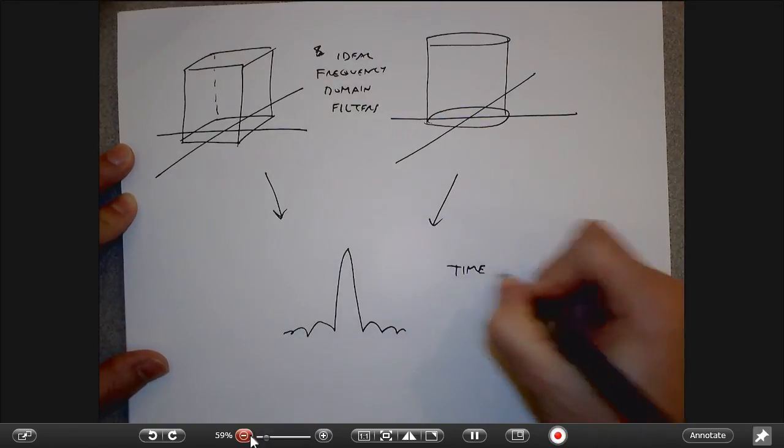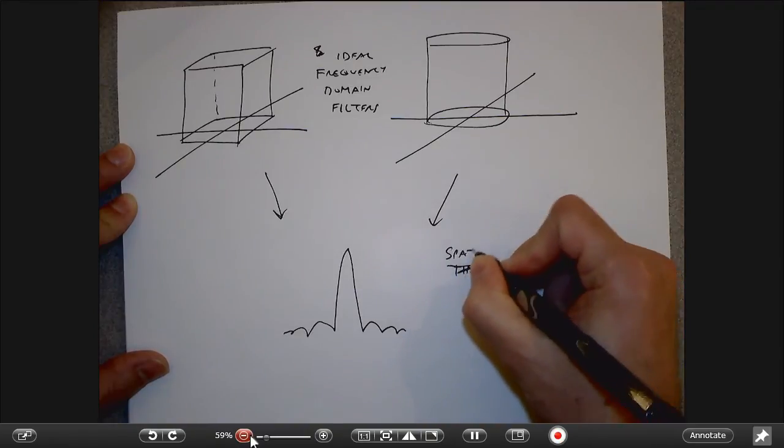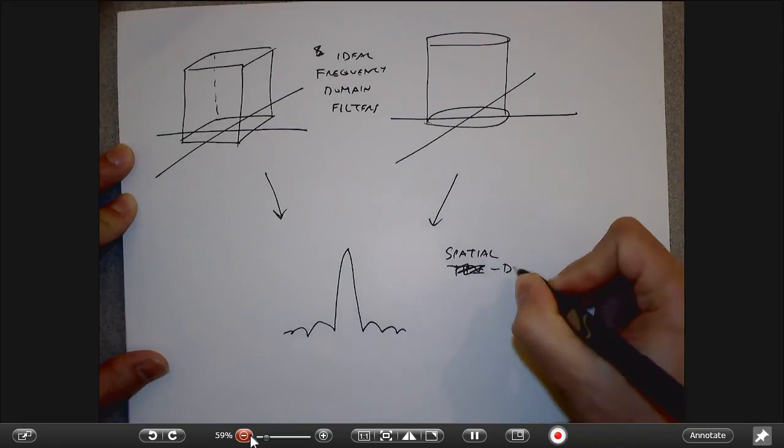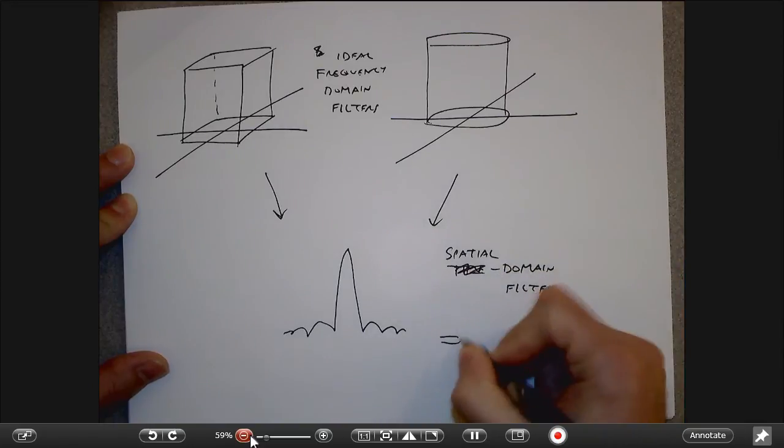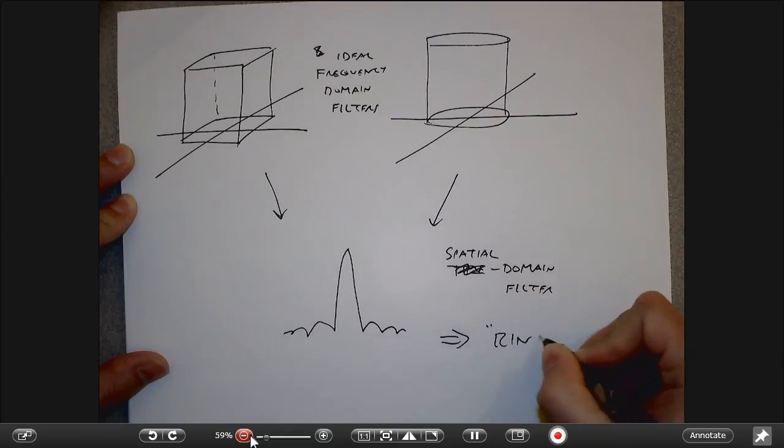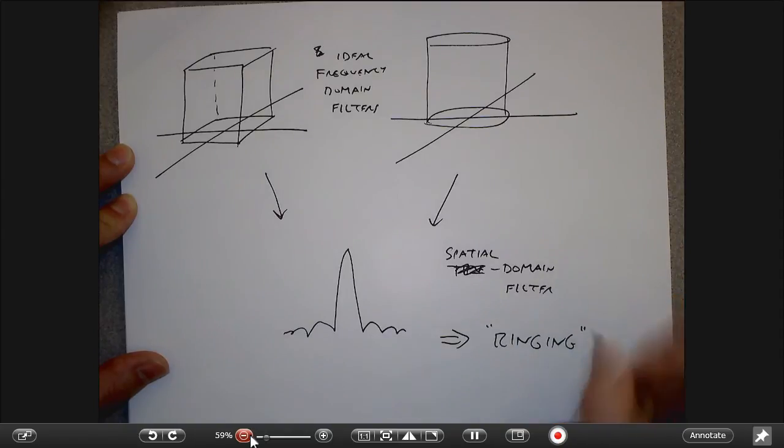I've been calling it rippliness, but a better way to describe this in image processing terms is what they call ringing.